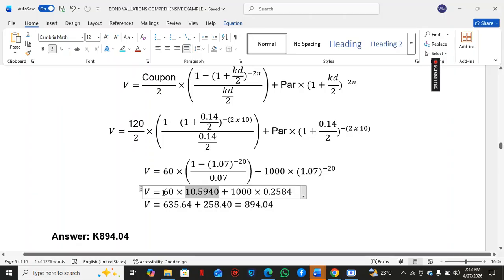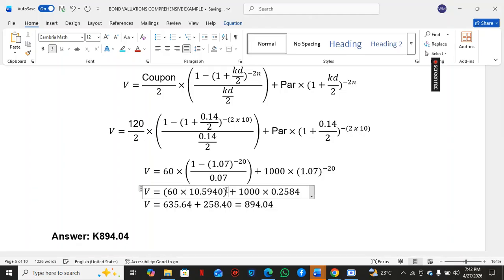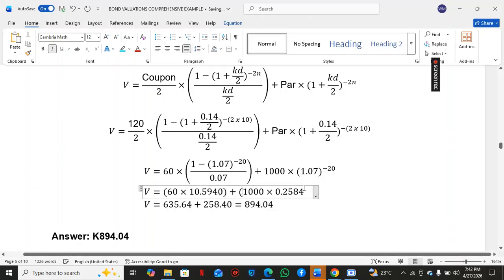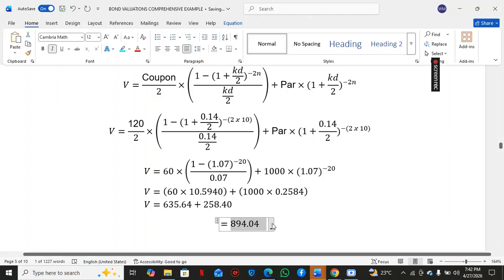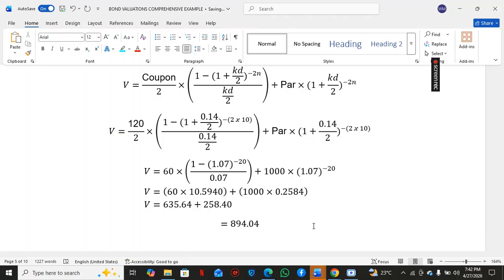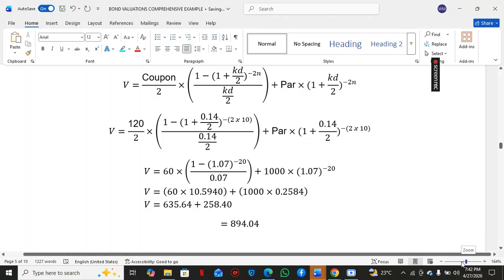And you say 60 multiplied by 10.5940 plus 1000 multiplied by 0.2584. You get 635.64 plus 258.4. And you add these two, and this is the value of the bond, 894.04. Any questions?